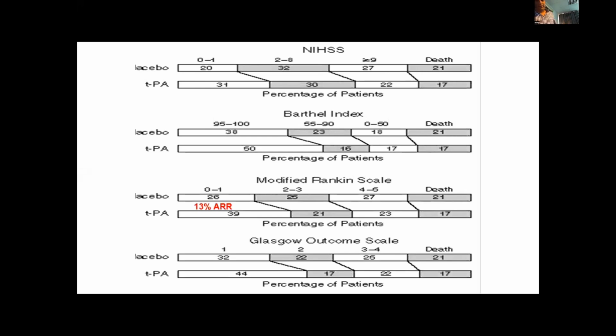I think the other thing that was quite controversial at the time is, are we saving people who would have otherwise died, to be severely disabled instead? The point is that if you look at the death column, if you were going to die, you were going to die. TPA did not save you from your terrible stroke, put it that way.